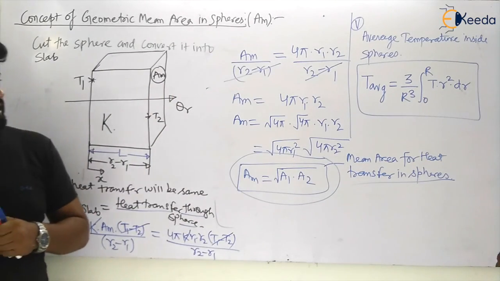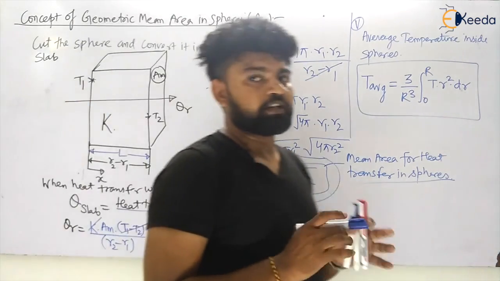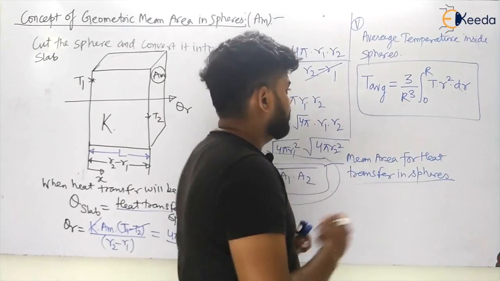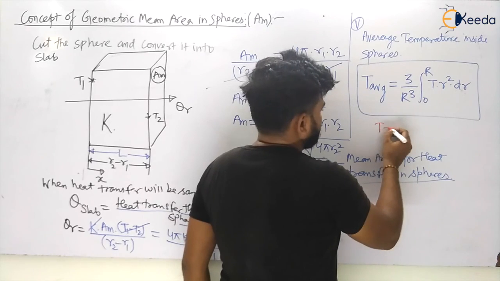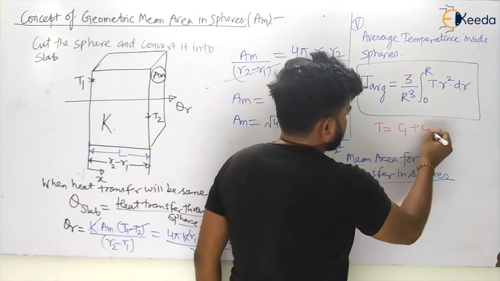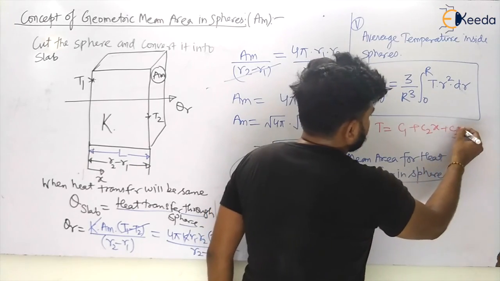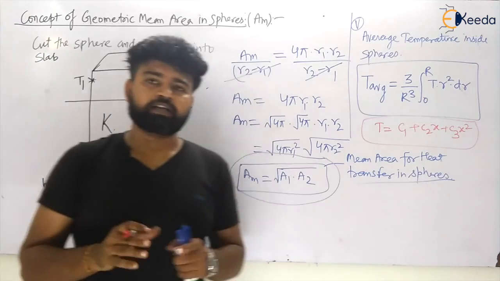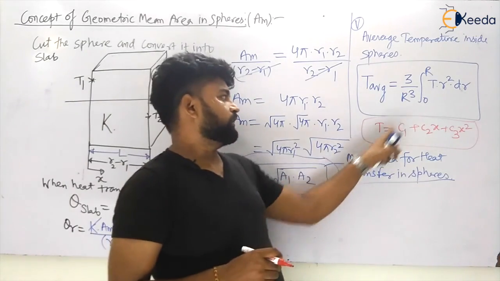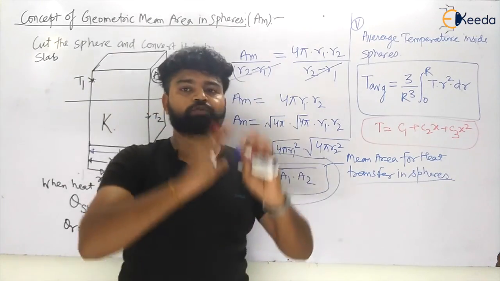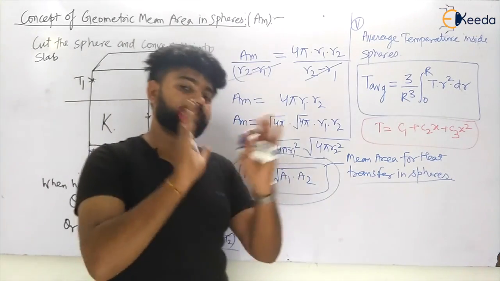So if temperature profile is given, you can easily calculate the average temperature from this equation, and this will be, let us say, C1 plus C2 x plus C3 x square, like this. Some temperature profile is given and he is asking the average temperature. So by putting T here and integrating with respect to 0 to R, you can easily calculate the average temperature for the sphere, my dear students.